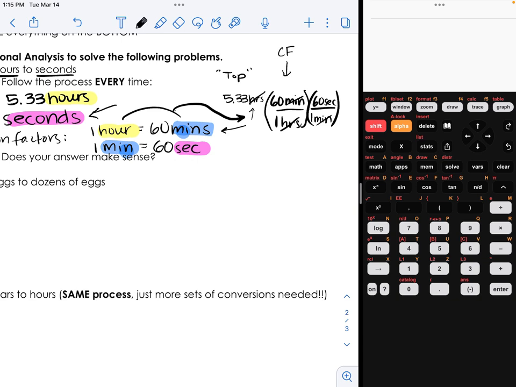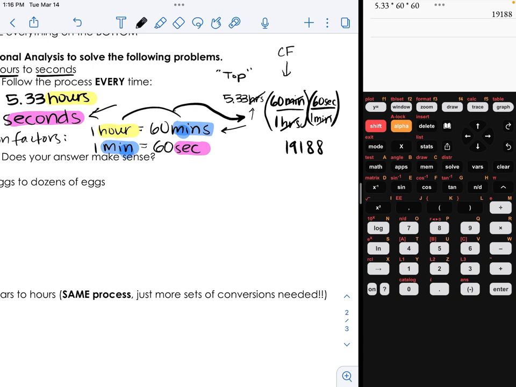Okay, when calculating, I'm going to show you with my calculator on the right side of the screen. I should do 5.33 times 60 times 60. And I get 19,188.